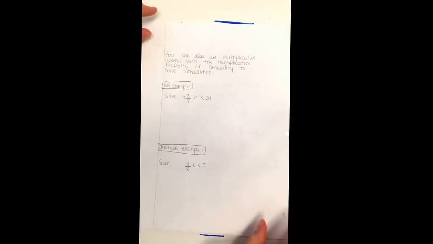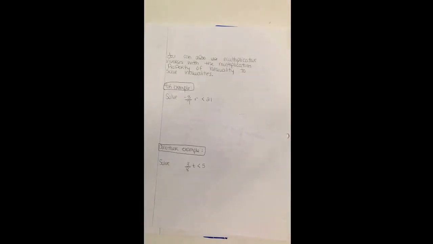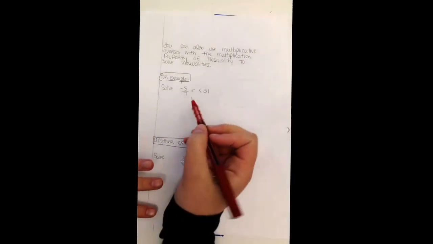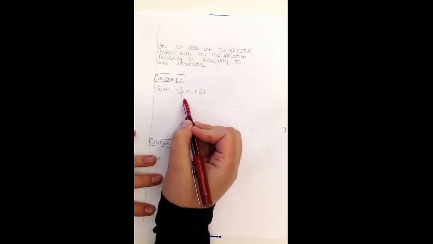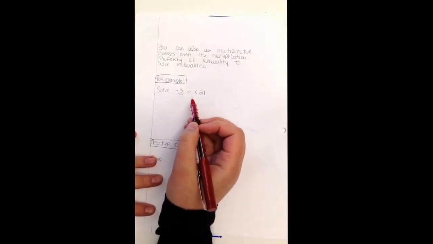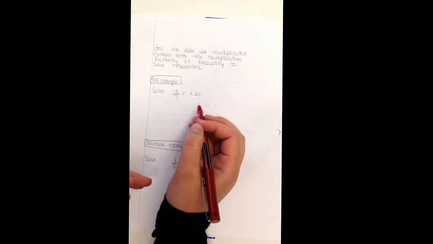You can also use multiplicative inverses with multiplication properties of inequalities. Now don't get caught up with multiplicative inverse being a big word. Remember that inverses are just fractions flipped. So when we come down here and we see negative 3/7 and I want to get rid of it, I simply multiply by its inverse and it will give me 1.